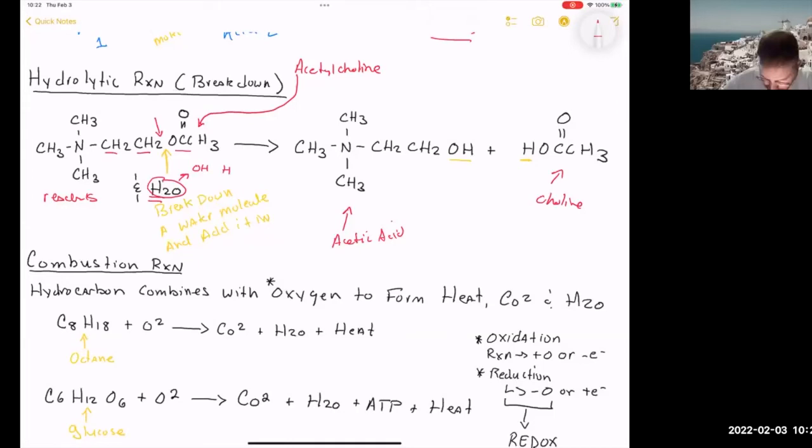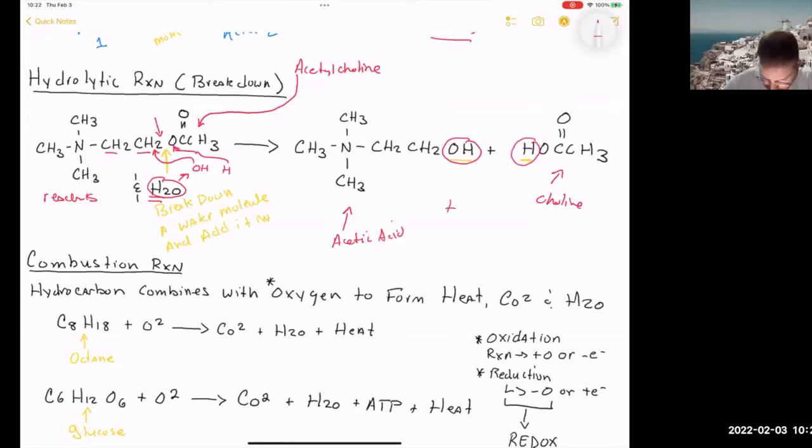I'm breaking the water molecule down, and then the OH is going to get put here on this CH2, and this H is going to get added to the oxygen here, and that'll allow that to break apart. And so here's that OH from the water, and here's the H from the water.